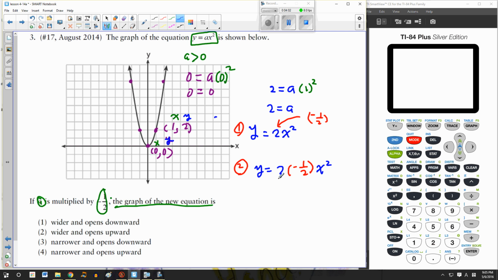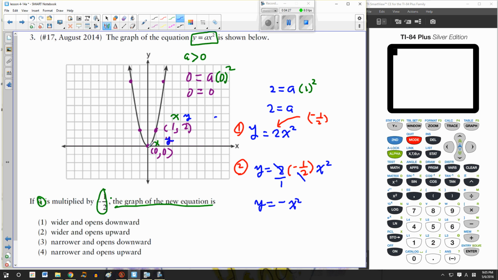Then 2 is over 1, since all natural numbers have 1 as a denominator. So cancel, cancel, and y equals negative x squared. Here a is negative 1, so it's going to be downward.